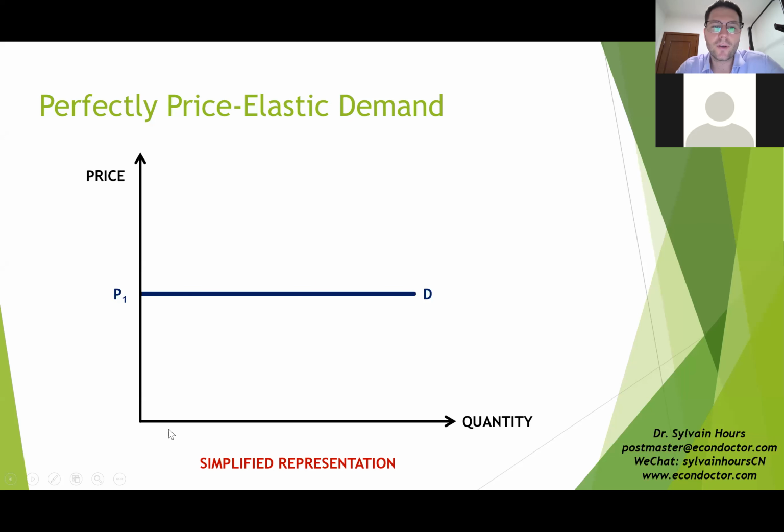Let's just add one price there, a certain price. So here we have the demand that is horizontal at P1. But then what happens below P1? What is the demand below P1?